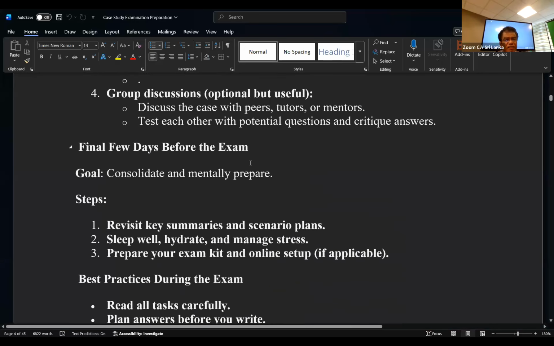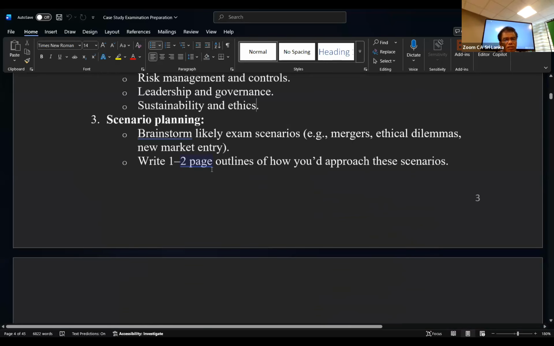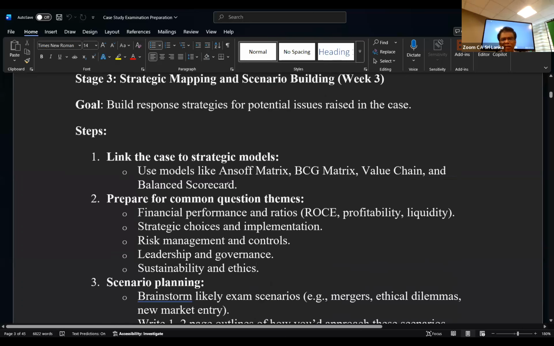Then consolidate. What about the final few days? Now I mentioned up to 3 weeks, right? So you mark all the maps. You have already read it and understood the pre-seen properly. Then you have gone through the environment analysis and the industry analysis, the inside and outside information.